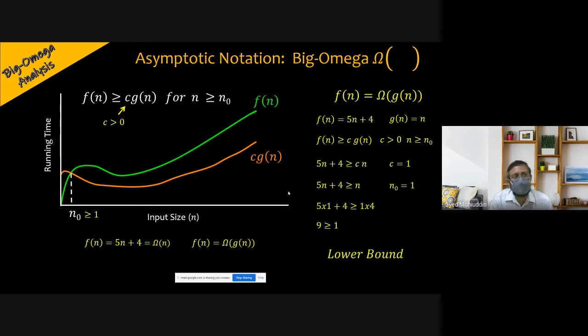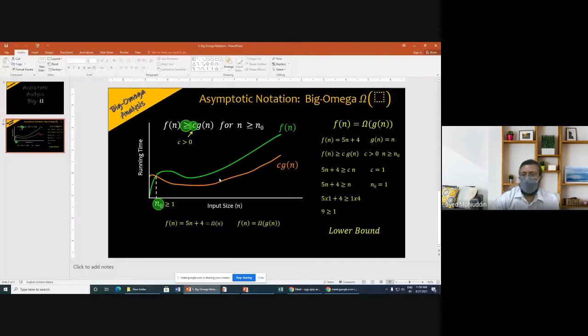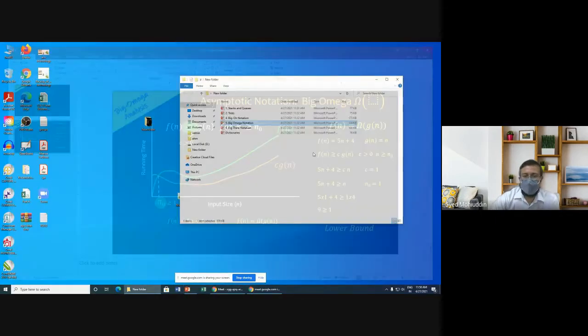That is, any algorithm cannot perform below this. Big O notation means an algorithm cannot have complexity more than the upper bound. In the same way here, an algorithm cannot have lower than this f of n. So this was all about the lower bound, or big omega notation.